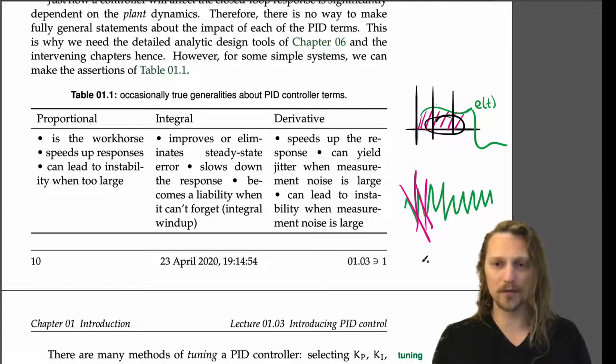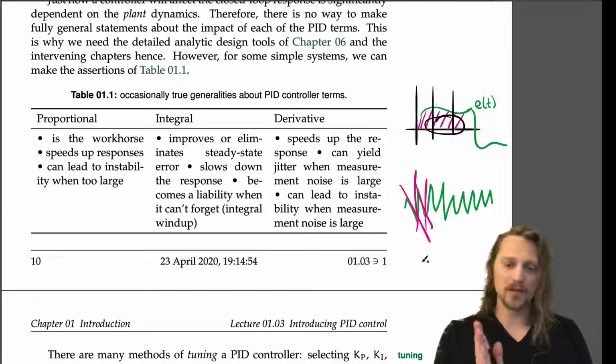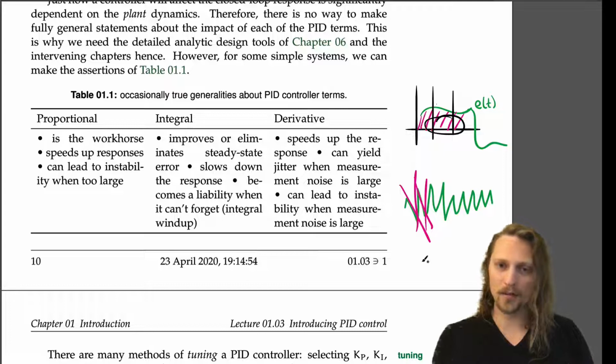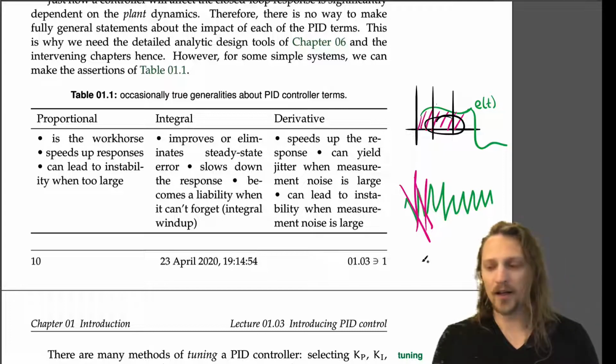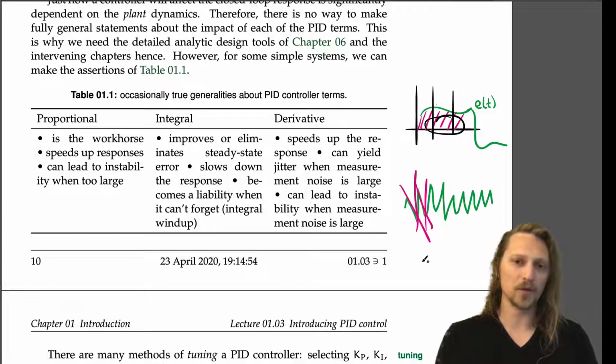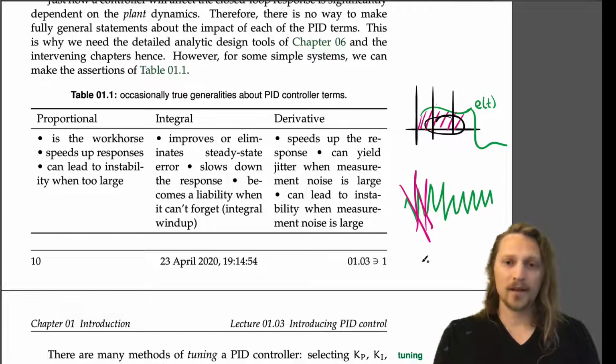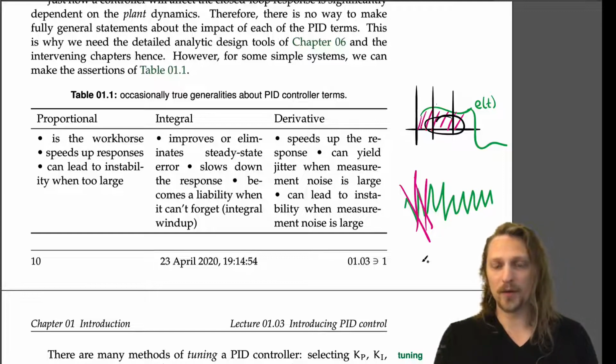Otherwise it can cause the system to wildly swing between wanting to push and pull back and forth at a rapid rate. So it's a little bit dangerous to add in derivative, especially if you have a noisy measurement. It can lead to instability when measurement noise is large.